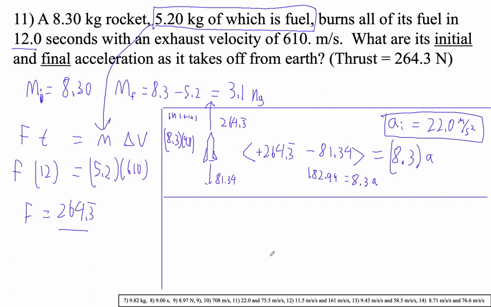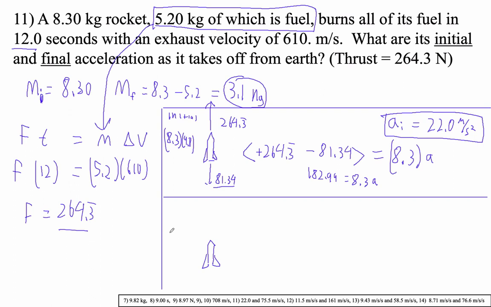All right, the final is going to be a whole lot more, because the rocket has less force of gravity opposing it, and it'll also have less inertia. So let's draw a picture of this. It's important that you draw a good picture. Now the mass is 3.1.